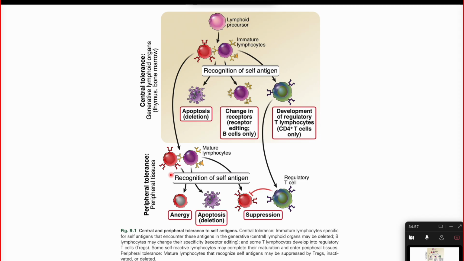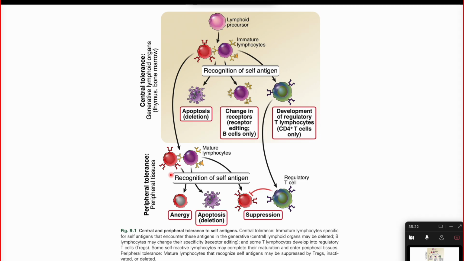they bind the self antigen very strongly, they'll be subjected to apoptosis. If they bind self antigen very poorly, they'll be allowed to stay there, but a little bit of rearrangement needs to occur.